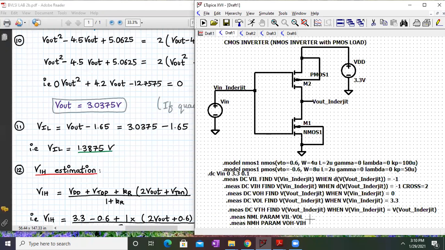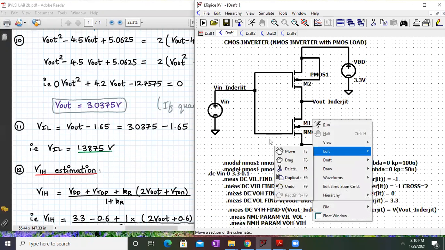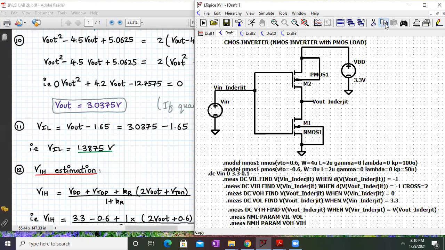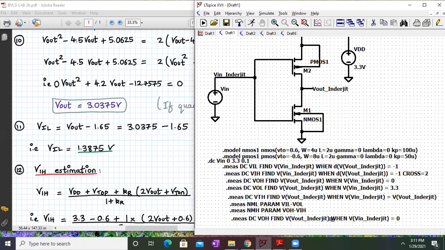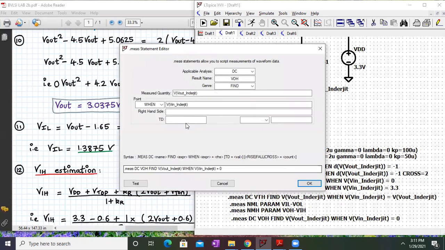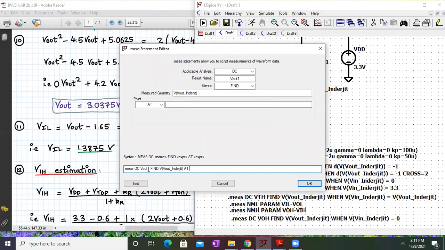Let me go over here and add two more statements. I can copy it like this, paste it over here, and then modify this. I will call this V out 1. So find V out at VIL.